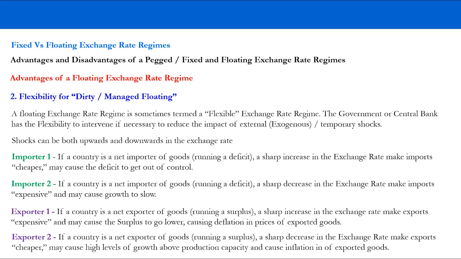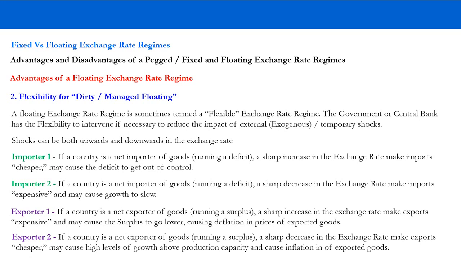So with an importer, both an upwards movement and a downwards movement in your exchange rate can have both positive and negative impacts. As an exporter, so let's say, for example, you're a country that's a net exporter of goods and you're running a surplus, a sharp increase in the exchange rate due to some exogenous shock that's out of anybody's control makes your exports more expensive and can cause your surplus to go lower.